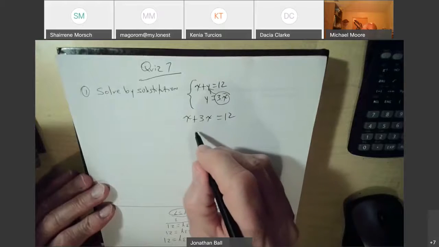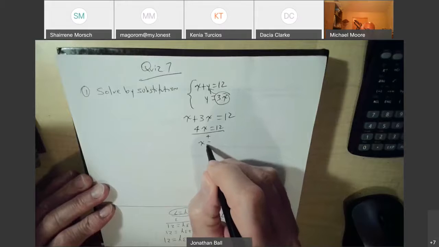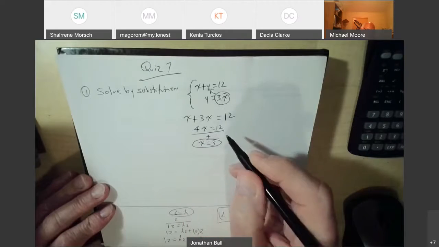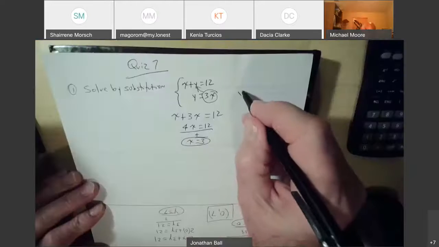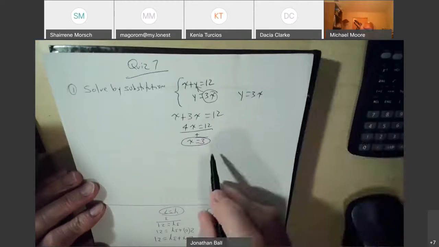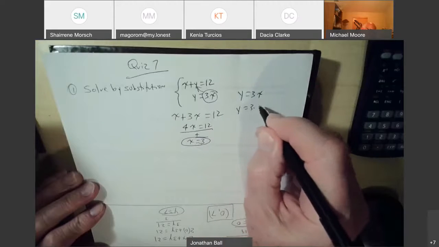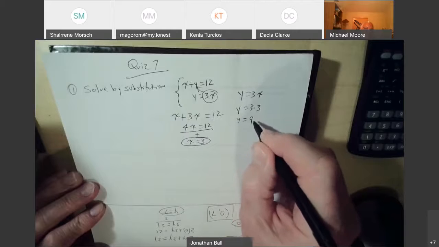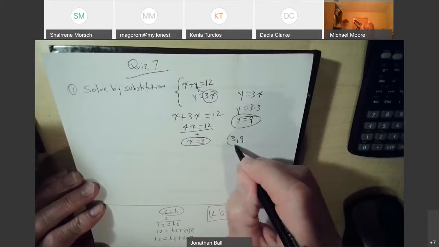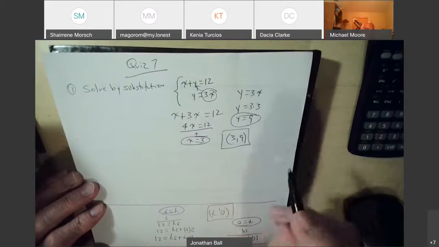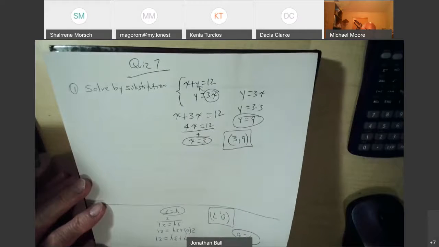When we combine like terms, 4x equals 12, divide by 4, x is 3. Now look, this one's already solved for y. Y equals 3x. So now we just substitute the 3 in for x. Y is 3 times 3, so y is 9. So our solution here is 3, 9. And that's the answer. Everybody got it?